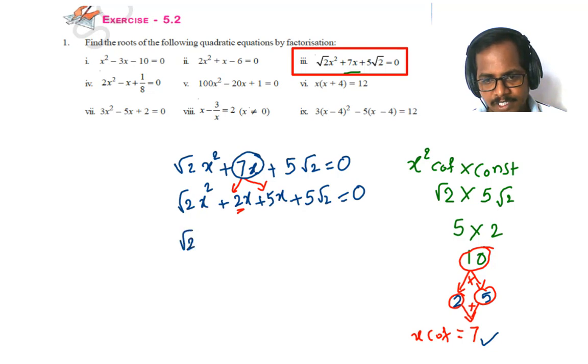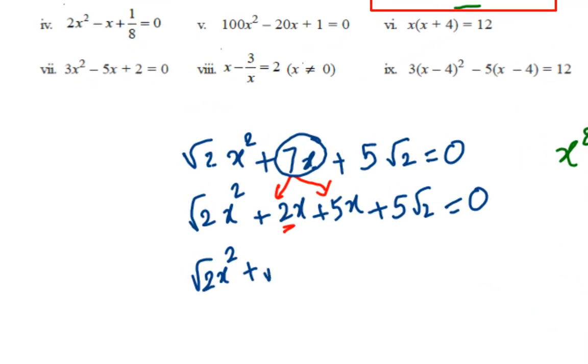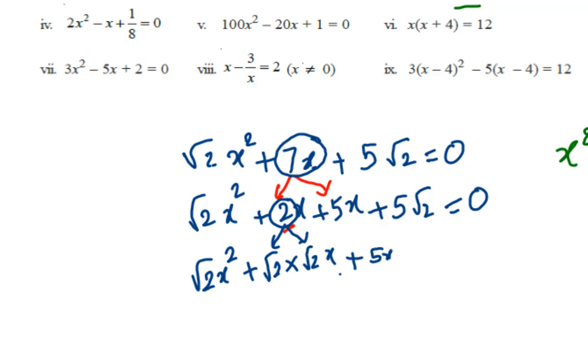I am writing the first term as it is, root 2 x square, plus here 2 can be written as root 2 into root 2 and x. So we write 2 as the product of root 2 into root 2, so that we can take root 2 as common. Now write the remaining terms, that is 5x plus 5 into root 2 equals to 0.